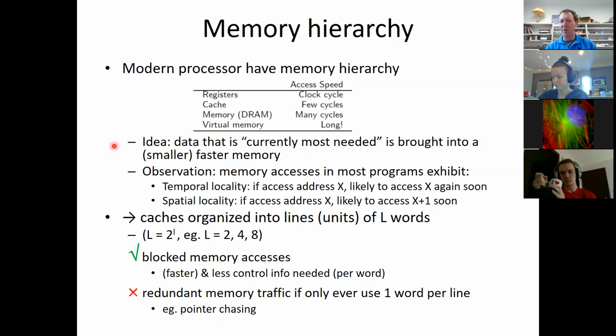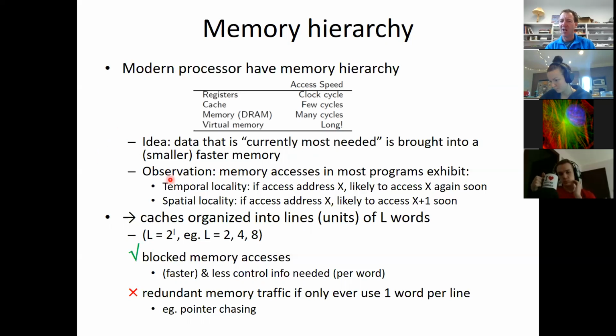So to do this, you make a bit of an assumption, betting on what data will be accessed next, most likely. The observation is that typically memory access in most programs has either temporal locality or spatial locality.